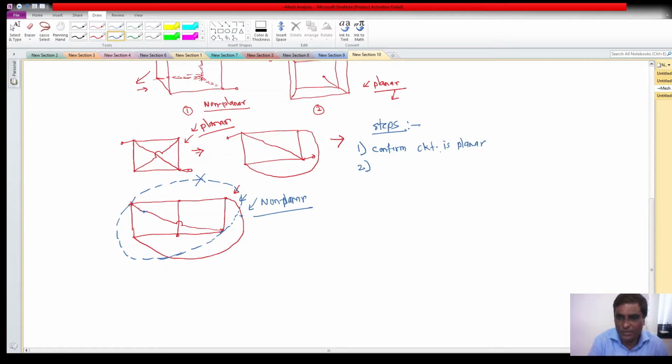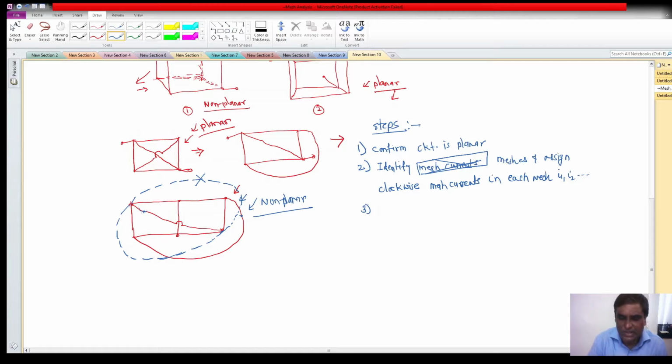Once you have confirmed that the network is planar, you identify the meshes and assign clockwise mesh currents in each mesh, for example I1, I2, etc.